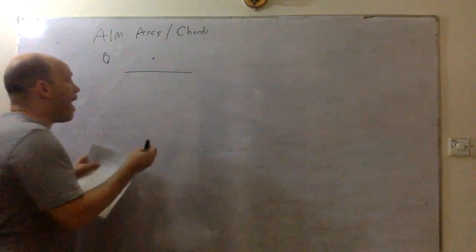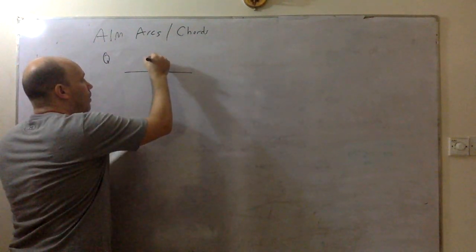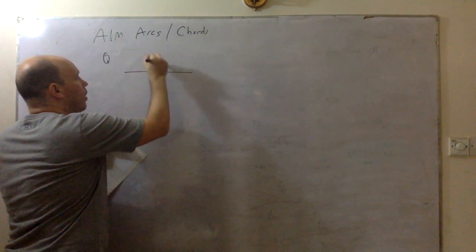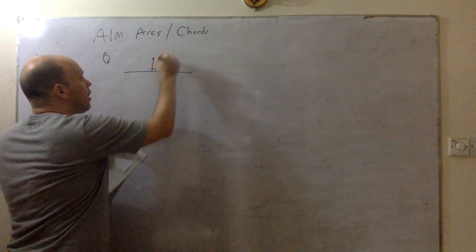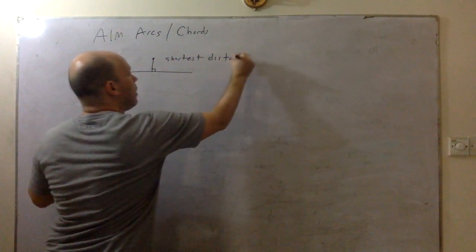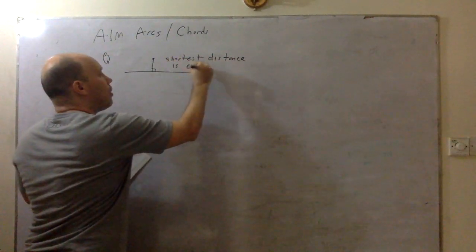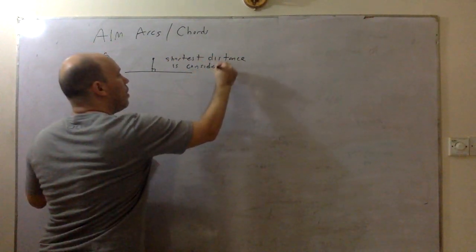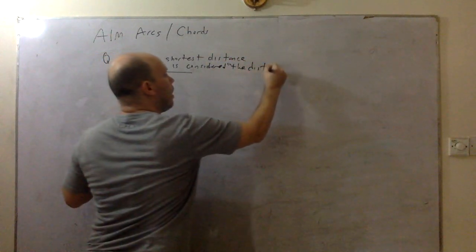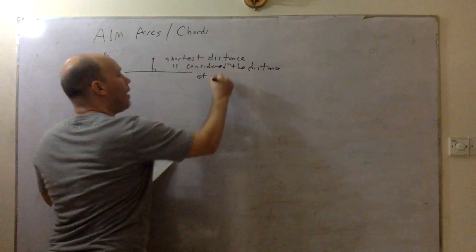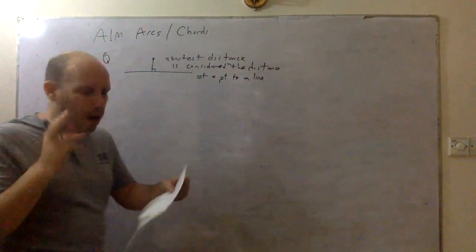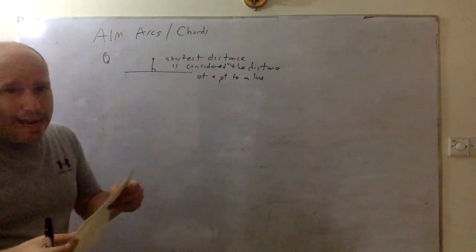What we saw is that it's the perpendicular, the shortest distance, that is considered the distance of a point to a line, a segment, a ray, and that's the idea.